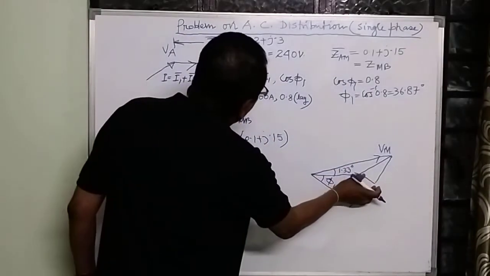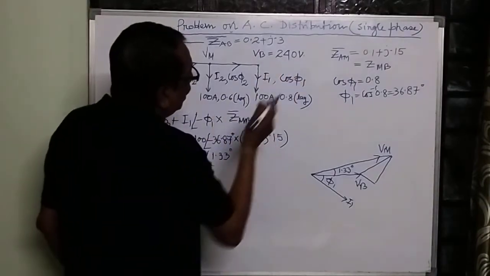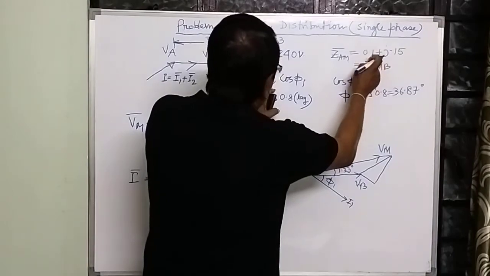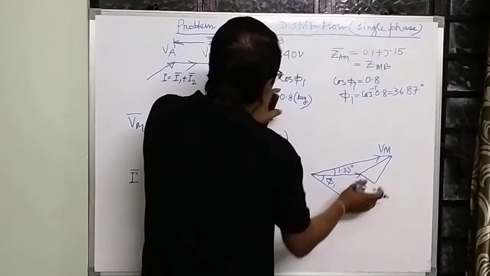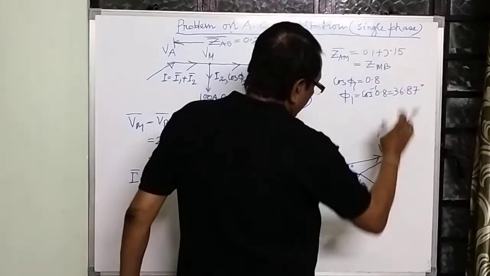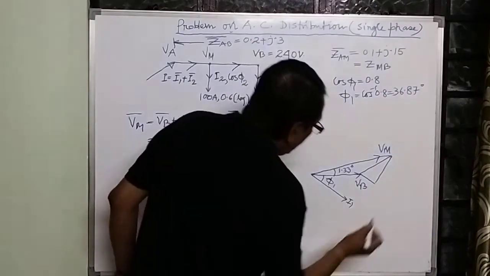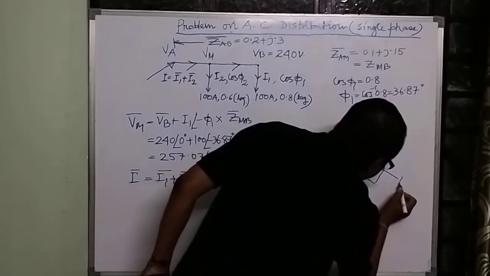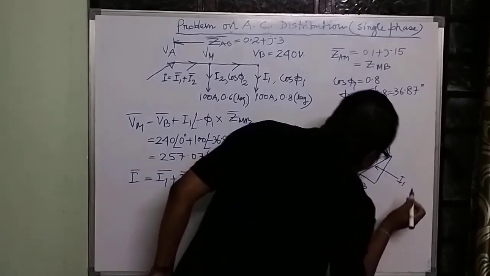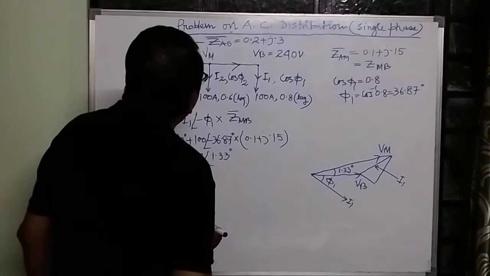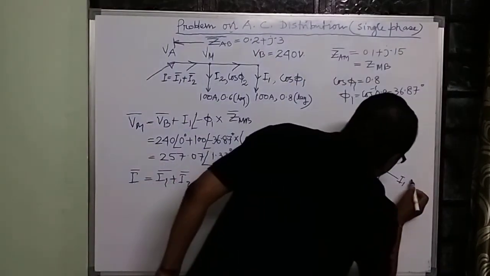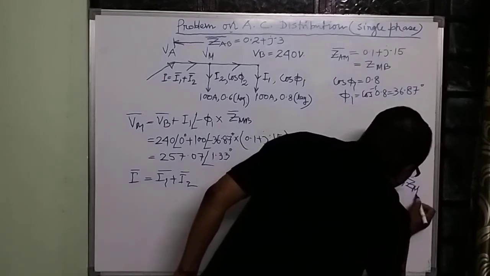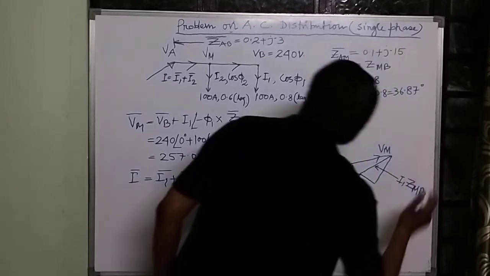This is the drop, I1 into 0.1 this portion and I1 into 0.15 this portion, and this portion is I1 into Z MB.